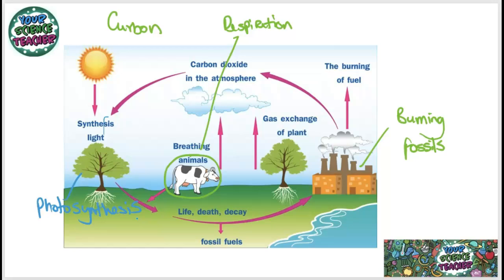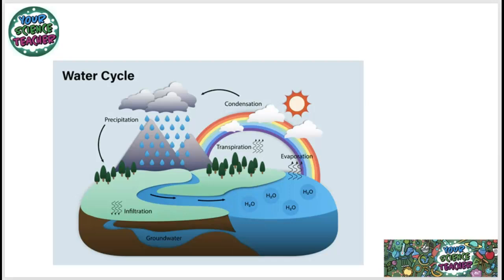And remember, if that plant is eaten by an animal, that carbon is then transferred to that animal. Or if that plant dies, then decomposers will break it down and store it in the ground. We also do have some locked carbon, which is stored in rocks, which you know from your GCSE chemistry as well. One other material that we need to know how it cycles around in our environment is water.